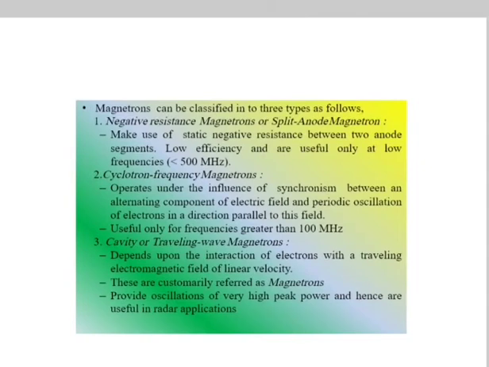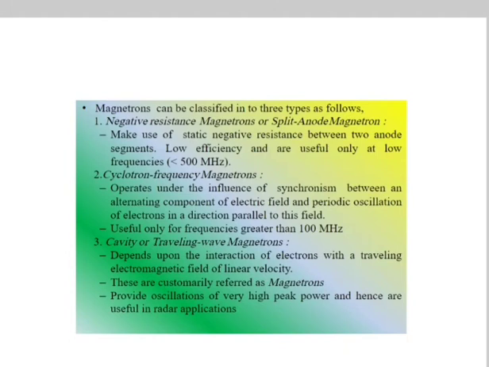Now, magnetrons are classified into three types: negative resistance, cyclotron frequency magnetrons, and cavity or traveling wave magnetrons. The negative resistance type makes use of static negative resistance between two anode segments, has low efficiency and is useful only at low frequency.